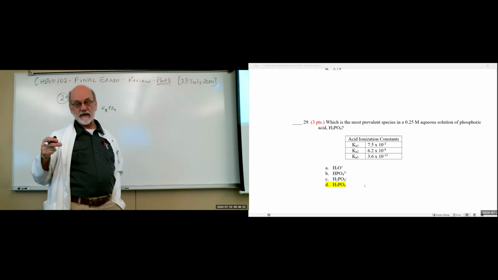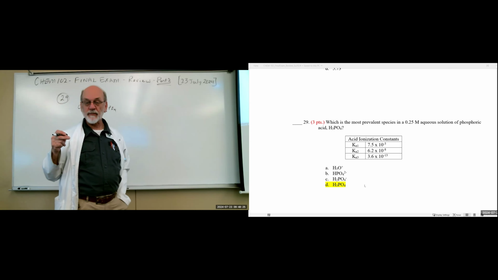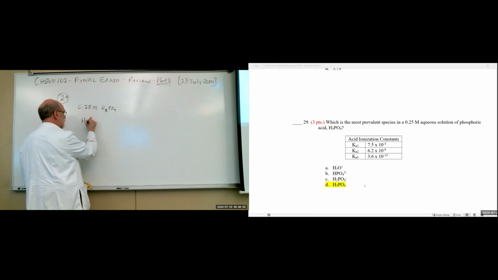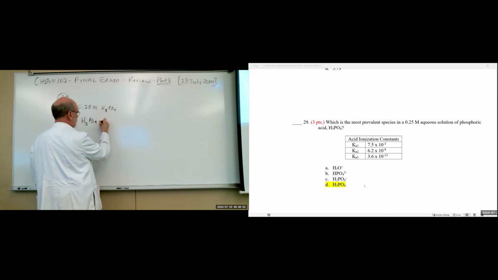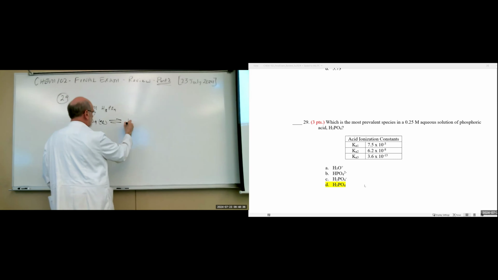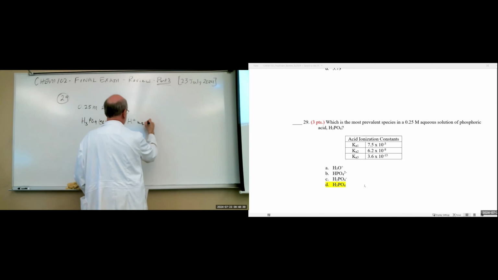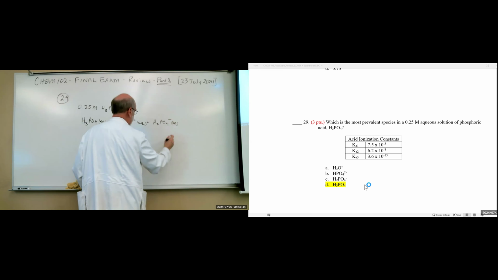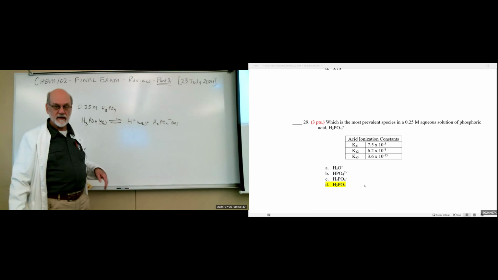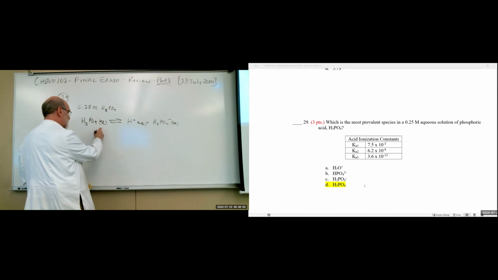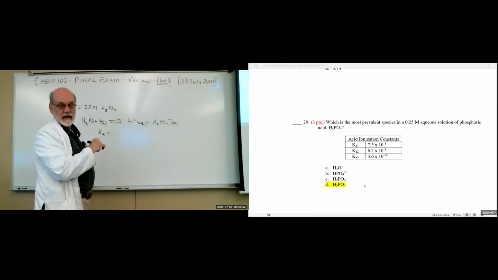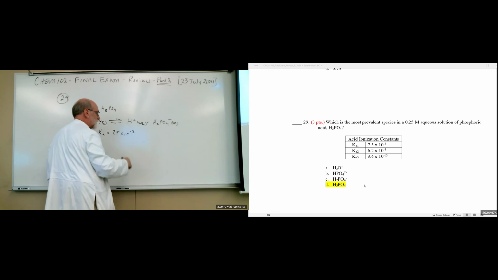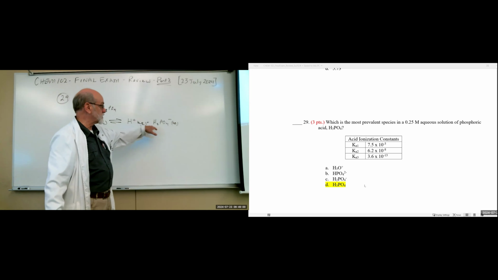So the dominant species in a polyprotic acid dissociation are, in this case, H3PO4 and H2PO4 minus, with one proton lost. The Ka for this one is 7.5 times 10 to the minus 3, which means there's not very much of this in there.